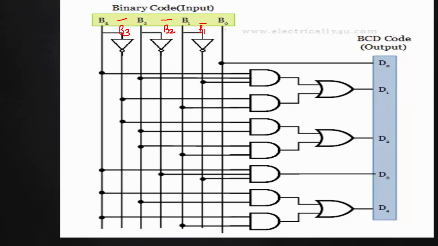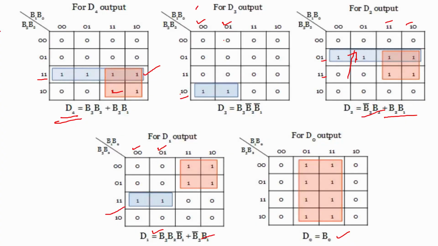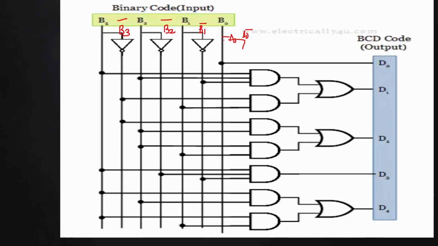This is B0, and if we need B0 complement somewhere, we need to pass this B0 through a NOT gate, then this will form B0 complement. Actually, in our previous expressions, it is clear that we don't need B0 complement anywhere.